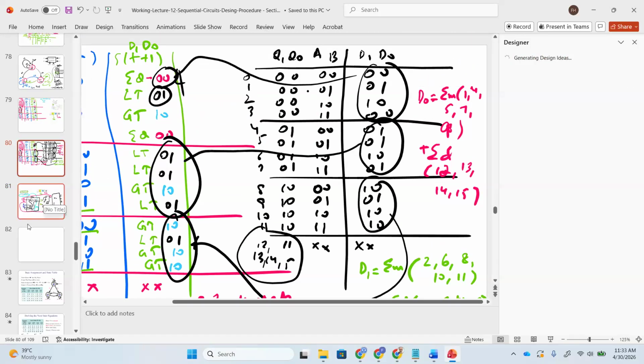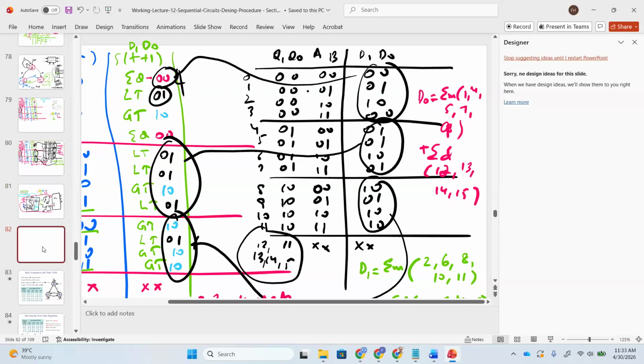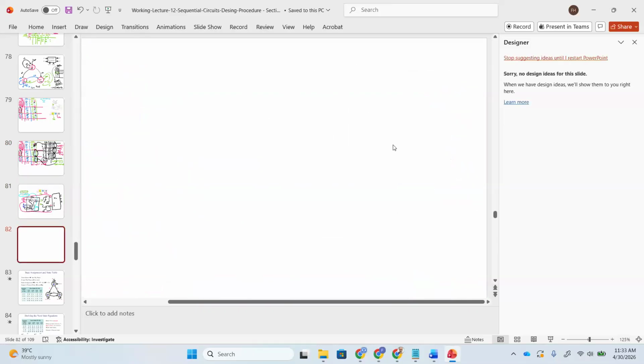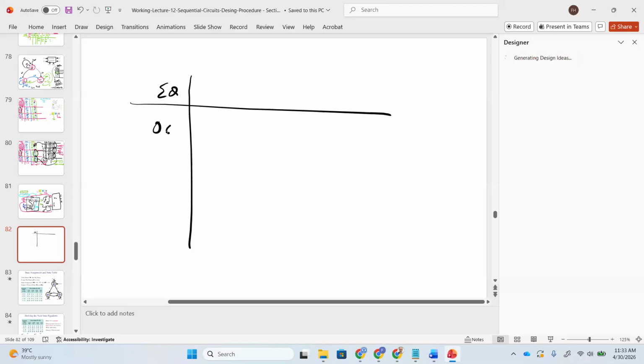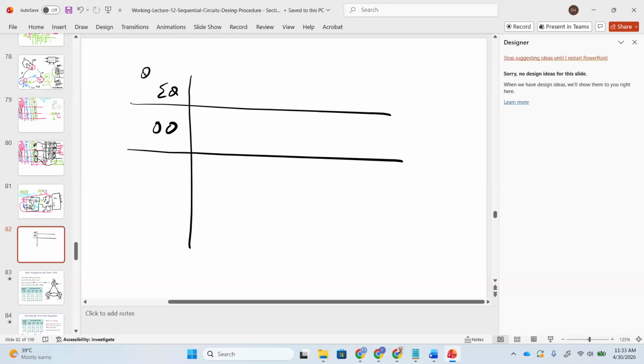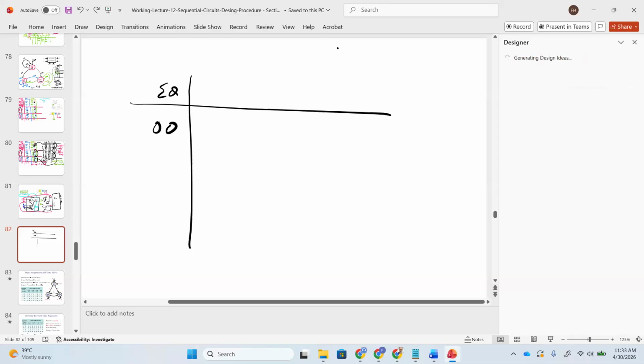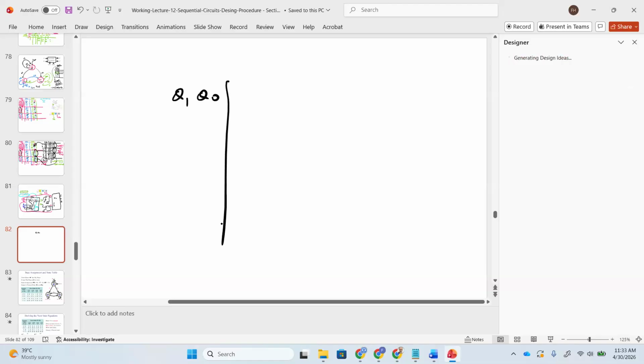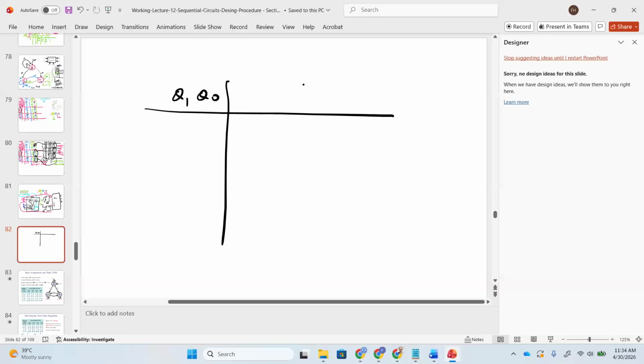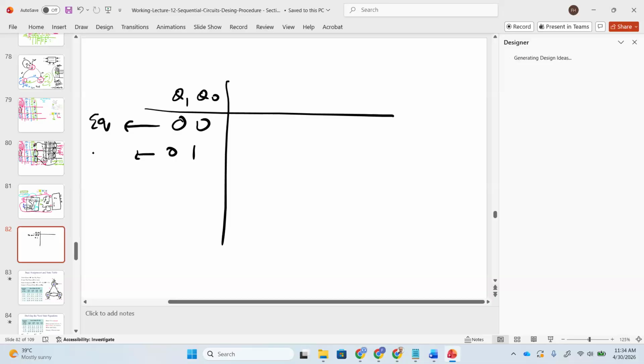Okay, now let's assume I'm in the equal state. The equal state is 0, 0, remember? So this is Q1 and Q0. So let's assume we have 4 possible values of Q1 and Q0. 0, 0 means I am now in the equal state. 0, 1, I am now in the LT state.